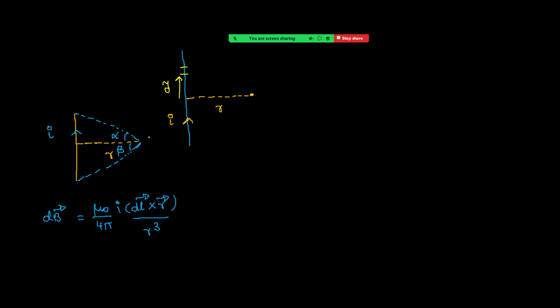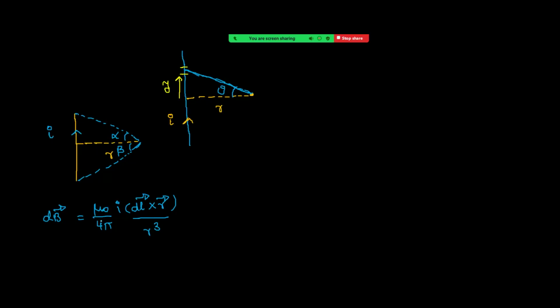Now see what we can do here. Let us join this element to this point. So we are now joining that current element to that point. Suppose this makes an angle theta with this normal. This is normal to this line. Okay. This makes angle theta.